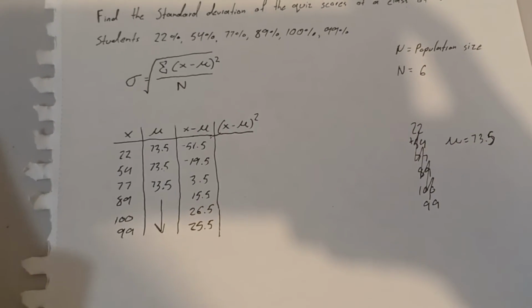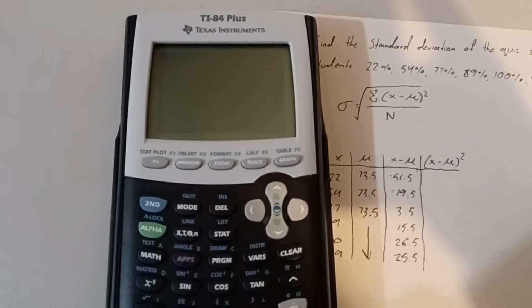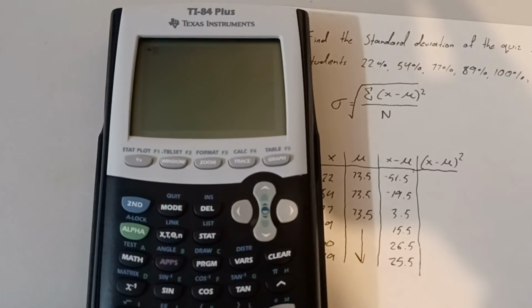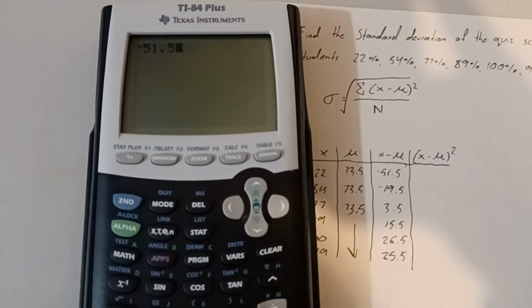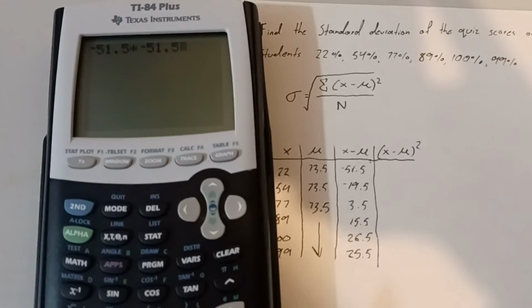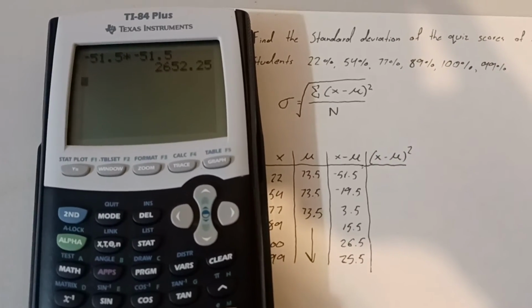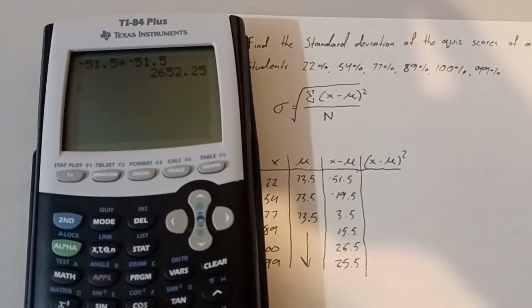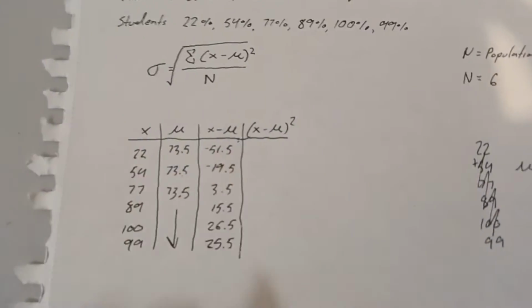So negative 51.5 times negative 51.5. That is going to give us 2,652.25.